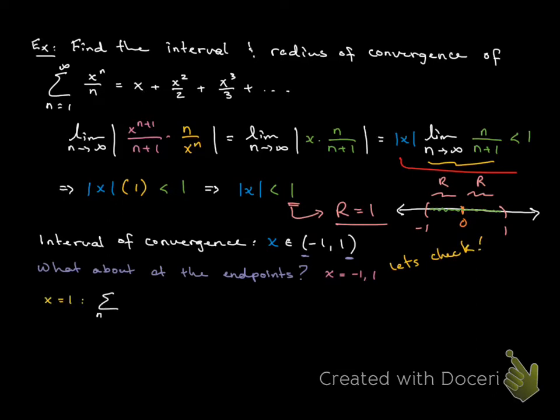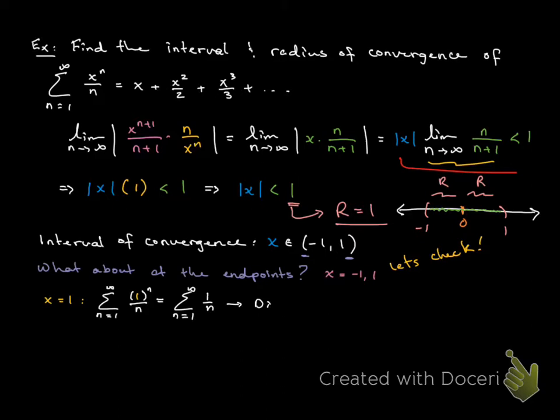And what we're going to do is actually just plug in the endpoints. When x is 1, my power series is 1 to the n over n. Right, I'm literally taking x is 1 and plugging it into my power series. This guy is exactly just the sum from 1 to infinity of 1 over n, which is the harmonic series.